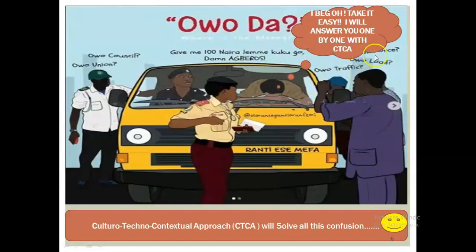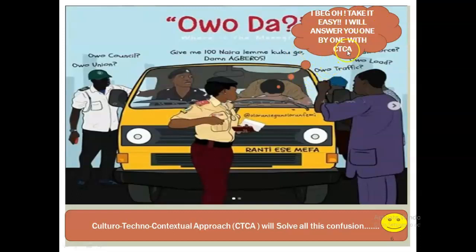Over traffic, overload. This is what the Danfo driver faces every day on this road. Payment of tax and collection of money from them here and there. The man himself is even tired. And he exclaimed, I beg you, take it easy. Take it easy. I will answer you one by one.